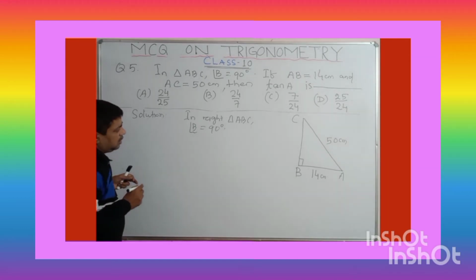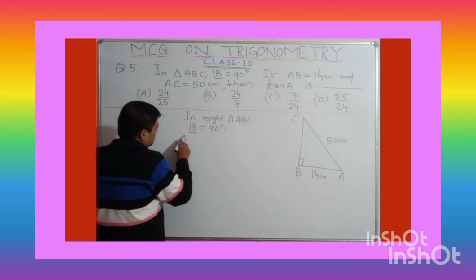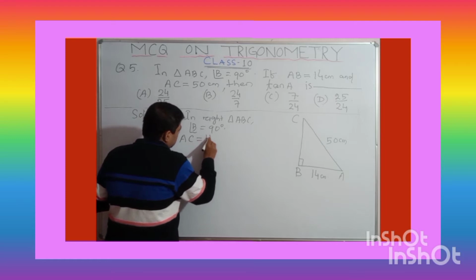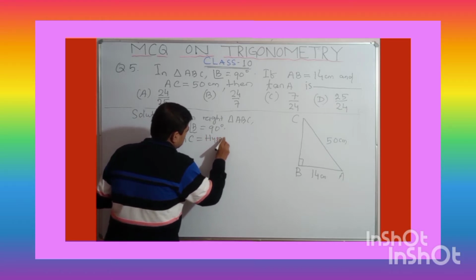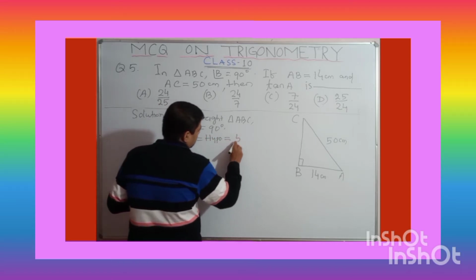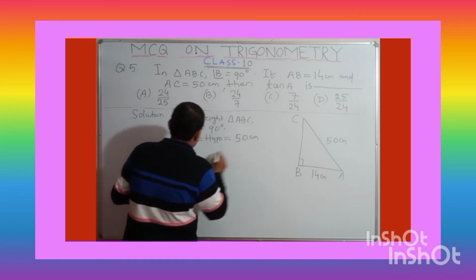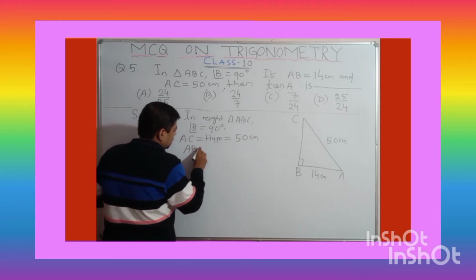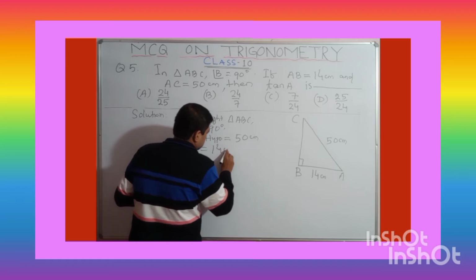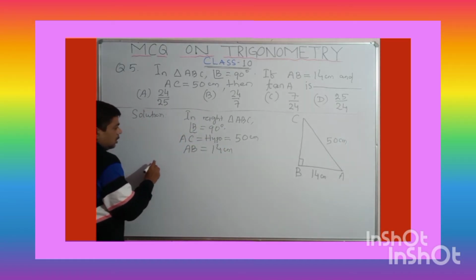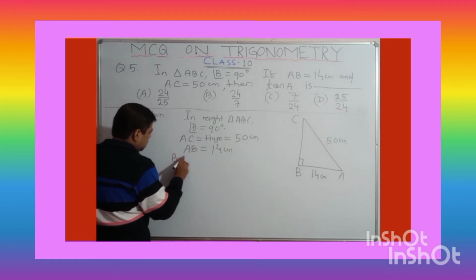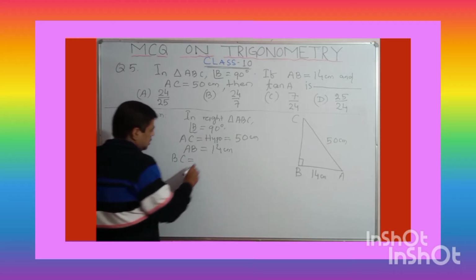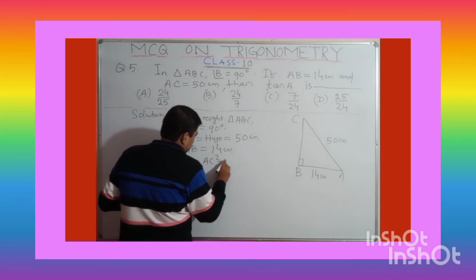So now, the hypotenuse AC is given as 50 centimeters, yes or no? And AB is given as 14 centimeters. So let us find BC using the Pythagoras theorem. BC is the square root of AC square minus AB square.